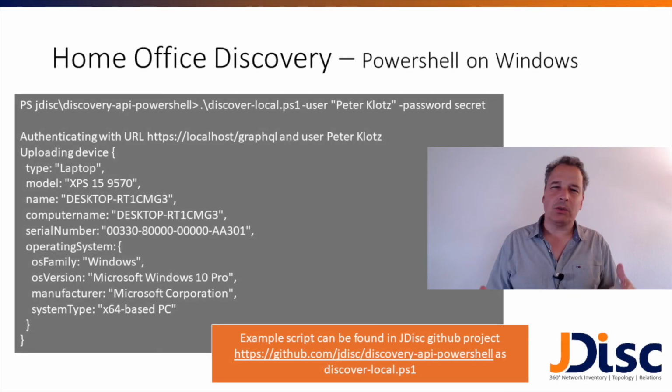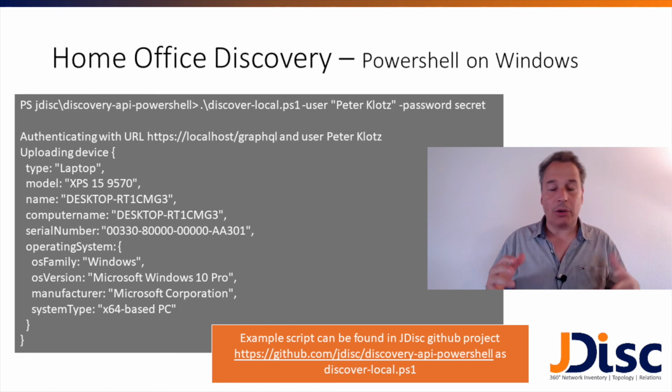Well, we don't really want to stay theoretical here, but try that out in practical terms. Here you find a PowerShell script that we can use on Windows, but we could also have written a Python script for Linux or other platforms.